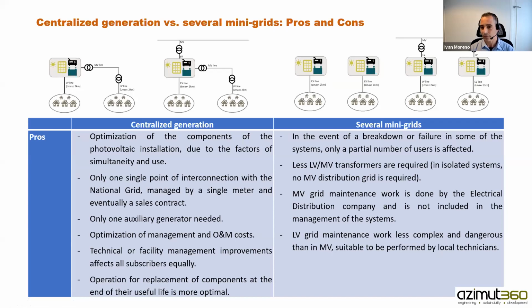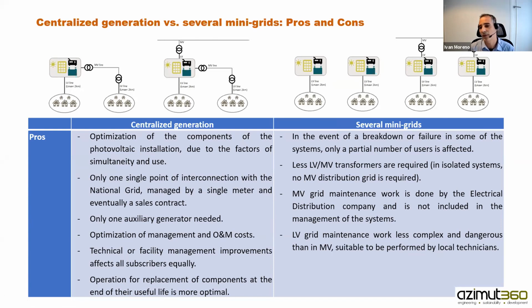Also, technical or facility management improvements affect all subscribers equally. This is a good point. Any improvements in the installation affect all the subscribers. So this is the case of centralized generation. Also, operation for replacement of components at the end of the useful life is more optimal. Of course, we have everything in the same place.